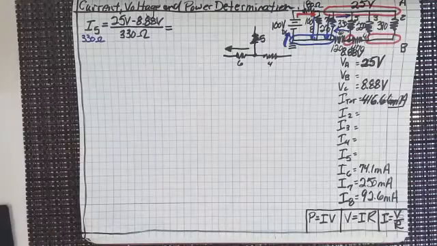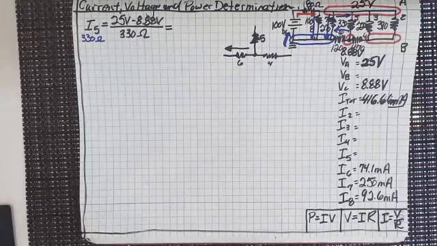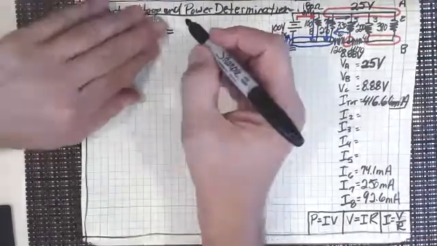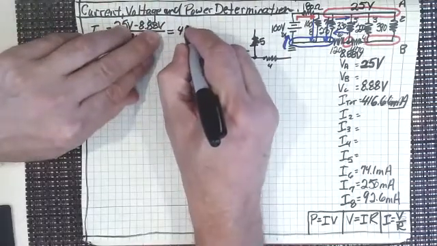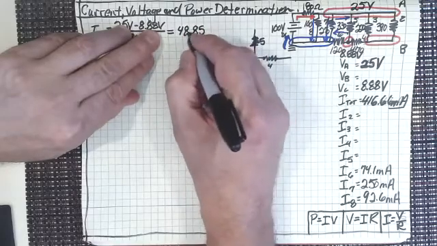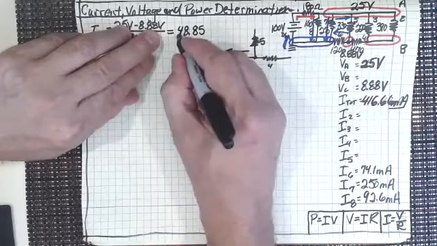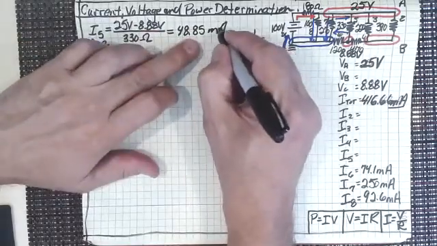So now all we have to do is take 25 minus 8.88 and then divide that by 330 ohms, and that gives us 48.85 milliamps.